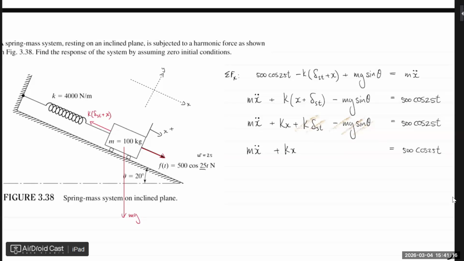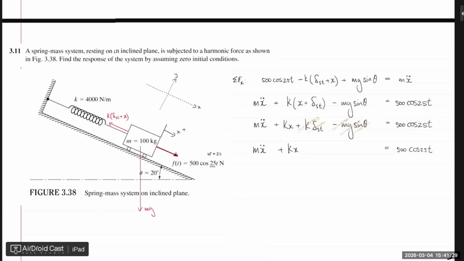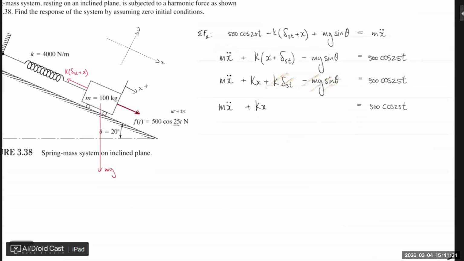Now, from here on, you can make use of the formulas that we derived, or you can just derive it yourself. For me, it's better to derive it myself. Otherwise, maybe there's something that we leave out. So this is a differential equation that we need to solve. So the homogeneous part is still m r squared plus k, which is equal to 0. And it's almost the exact thing that we did earlier. So I'm just going to skip to the end.